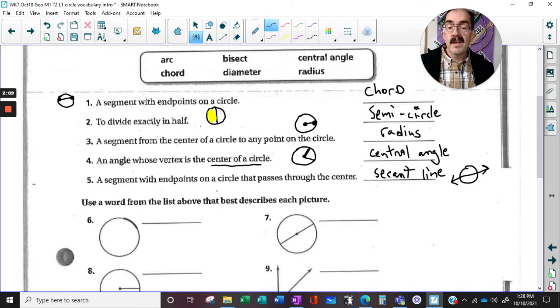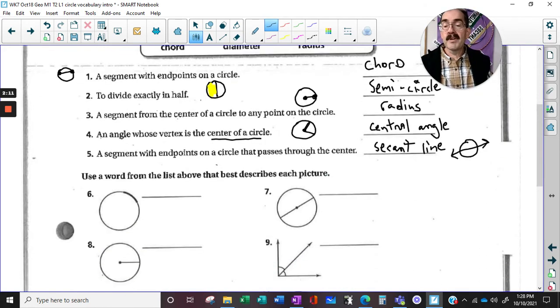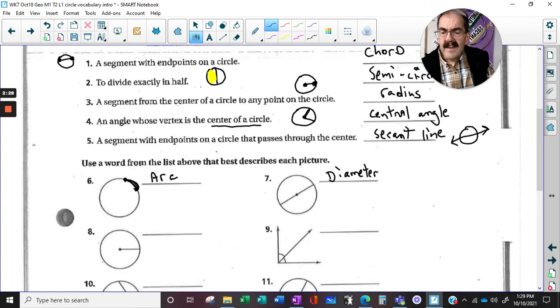Okay, use a word from the list above to describe each of the pictures. Okay, well, I like this one. I know that's diameter. I think what they're referring to is right here, and that's called an arc. Okay, this one's called the radius.